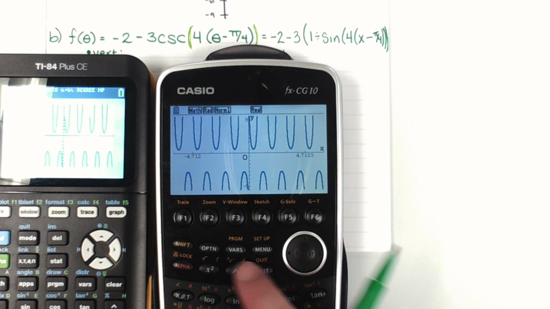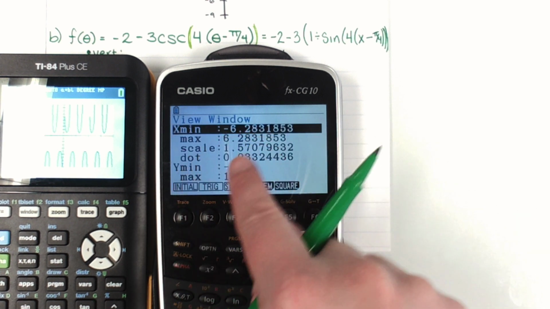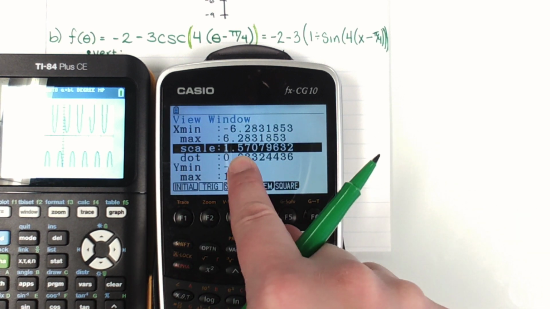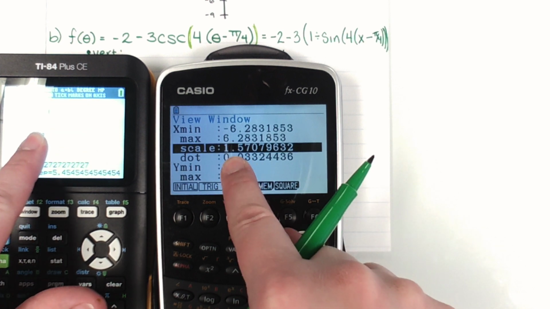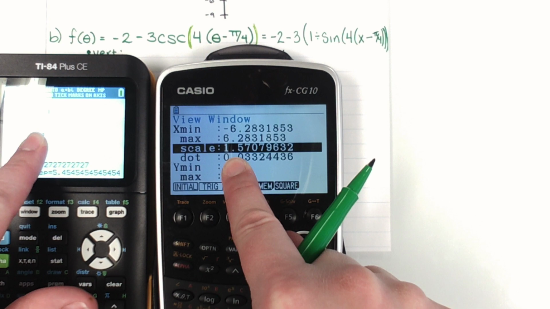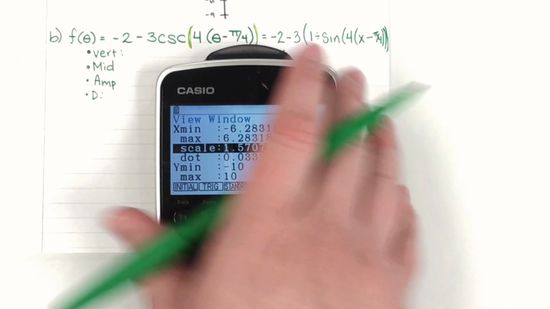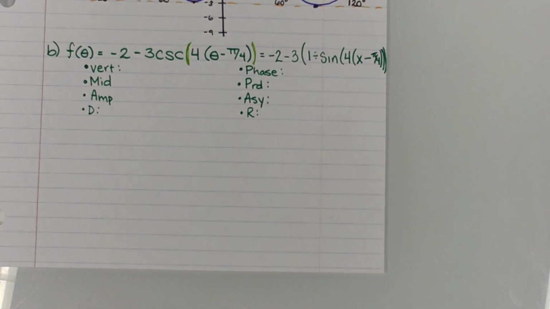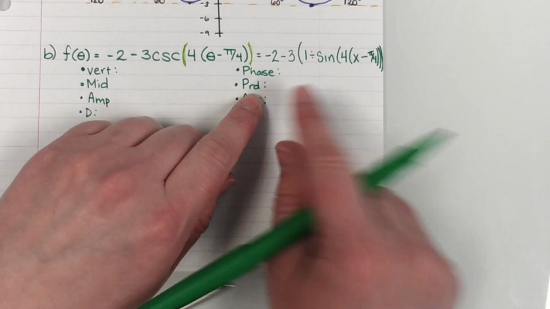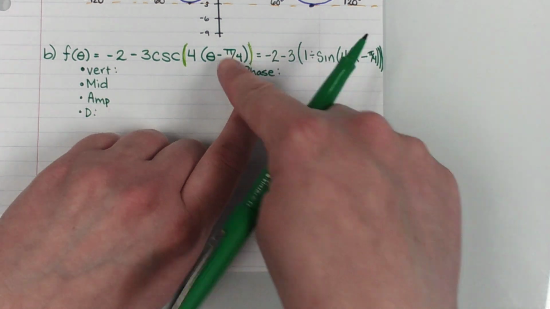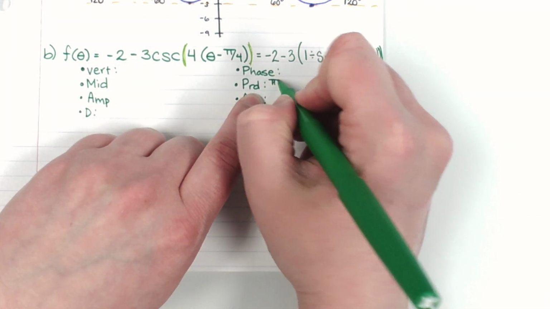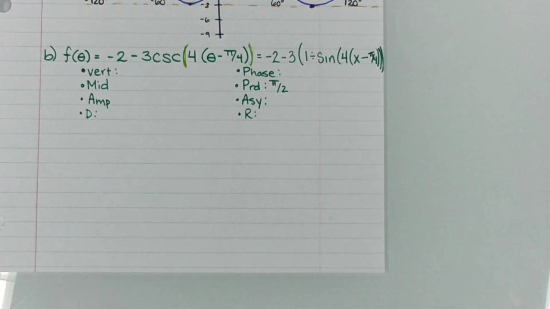What was one tick mark again? What was our scale? 90 degrees or pi over 2. That was a full period. I know the period. Do I write 90 or pi over 2? Original graph was in radians. So I couldn't figure out the period by looking at the graph.